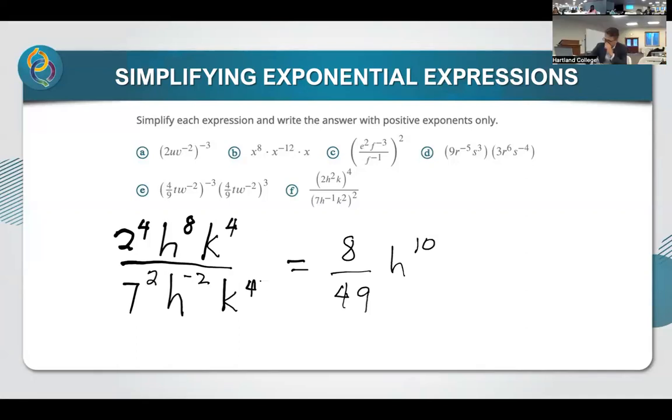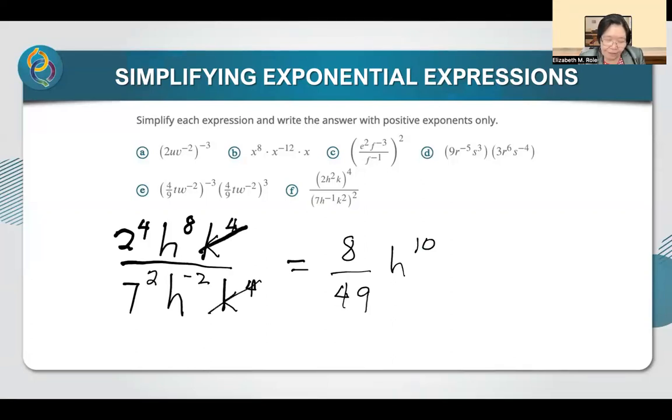Yes. And then I have k to the 4th over k to the 4th. Oh, yeah, they cancel out. Very nice. So you can write your answer that way, or you can also write it as 8 to the 10 over 49.